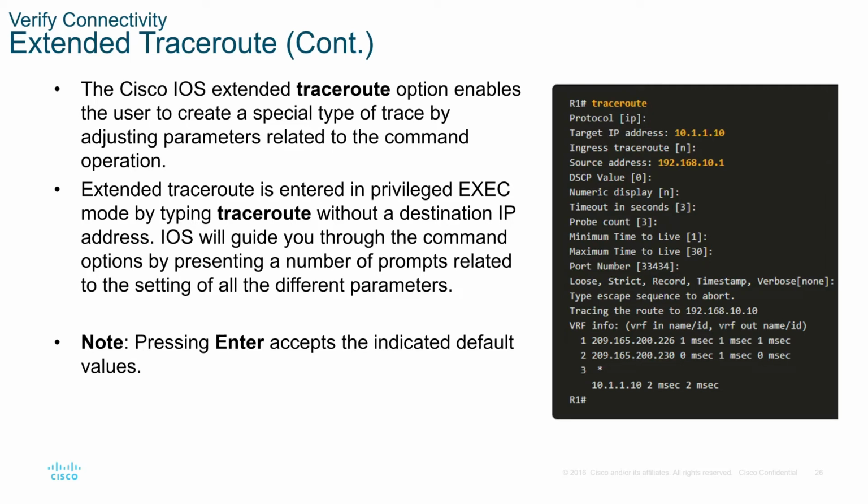We can also use a particular port number. This may be handy if we are trying to check to see if a particular port for a server is available. Unlike Windows, the Cisco IOS will guide us through each of the options.